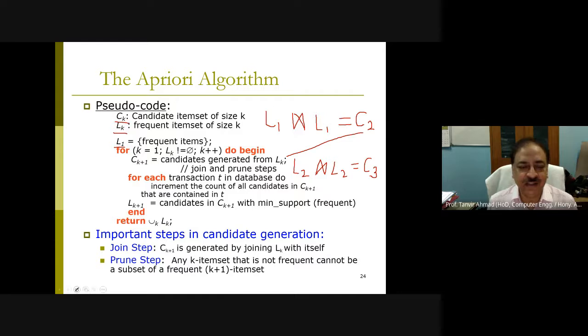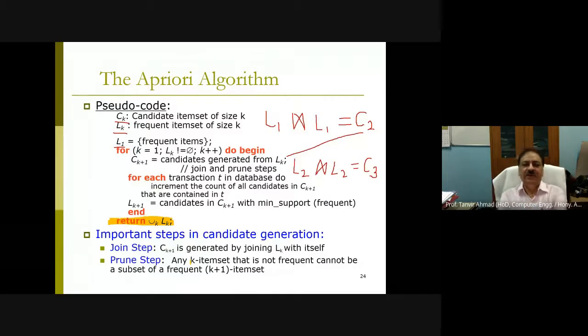Now here you should be able to see what I intended to do and what I got. What am I returning? Union over k of Lk.